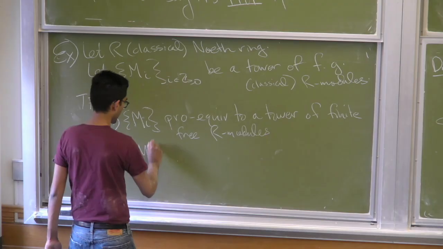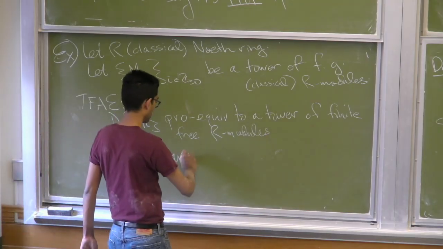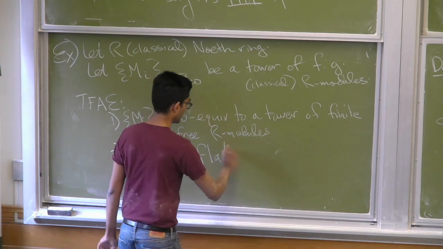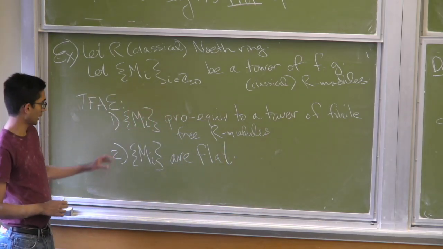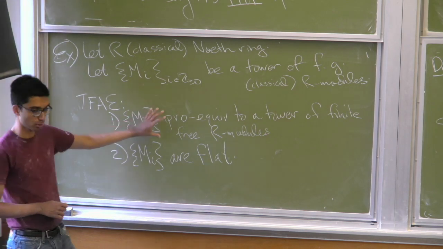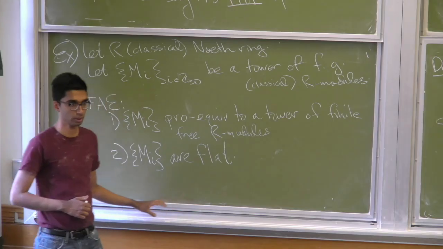And two is that the M sub i's are flat. Again, it was not clear to me that condition one is local in the flat topology, but condition two is local in the flat topology.